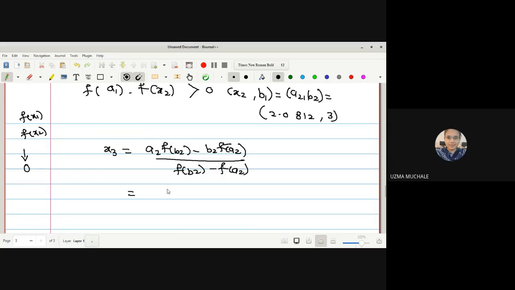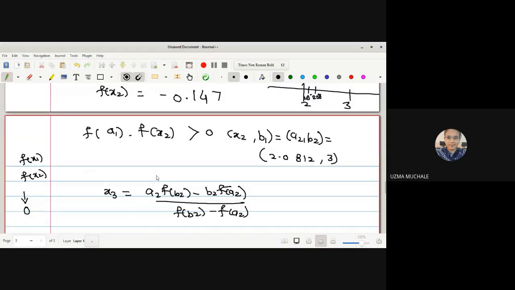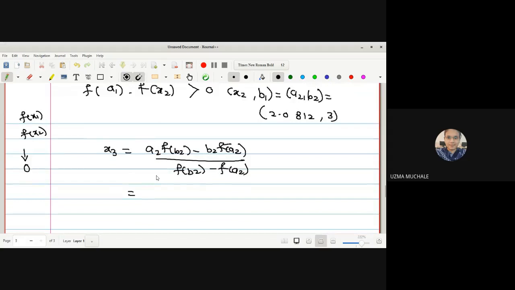What is your a2? It is nothing but your x2. What is your x2? It is 2.0812. A2 is nothing but your x2, no? So the value is 2.0812 into f of b2. F of b2 is nothing but f of 3. What was f of 3? It is 16, minus b2 which is 3.